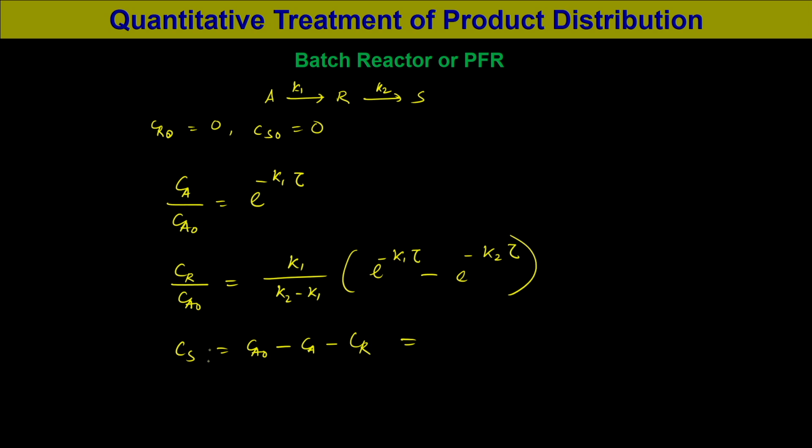So, if we substitute here, Ca from this would be Ca naught minus Ca naught e to the power minus K1 tau, minus K1 by K2 minus K1 times e to the power minus K1 tau minus e to the power minus K2 tau.